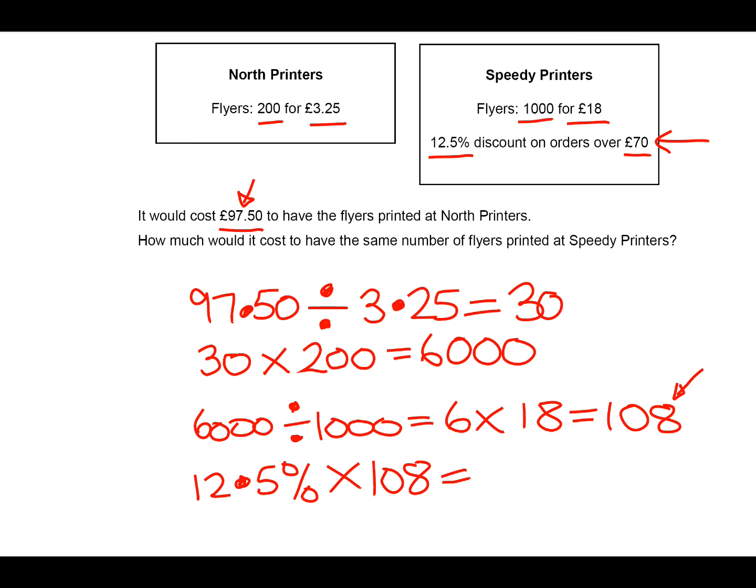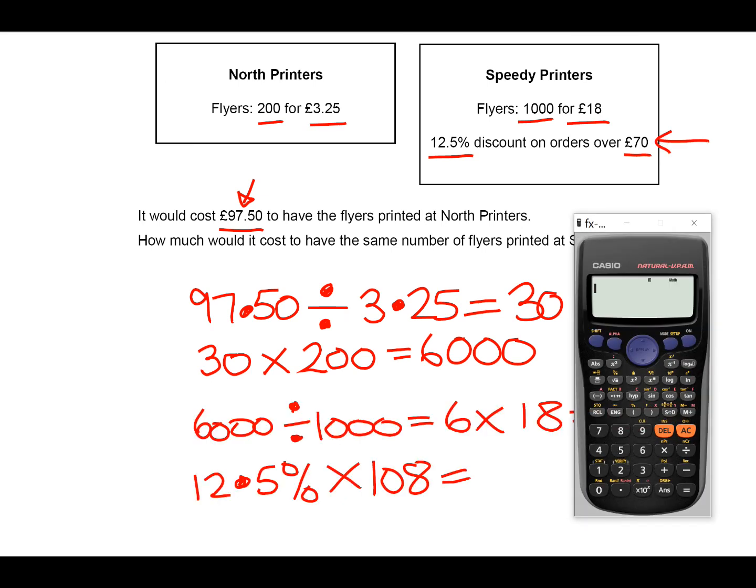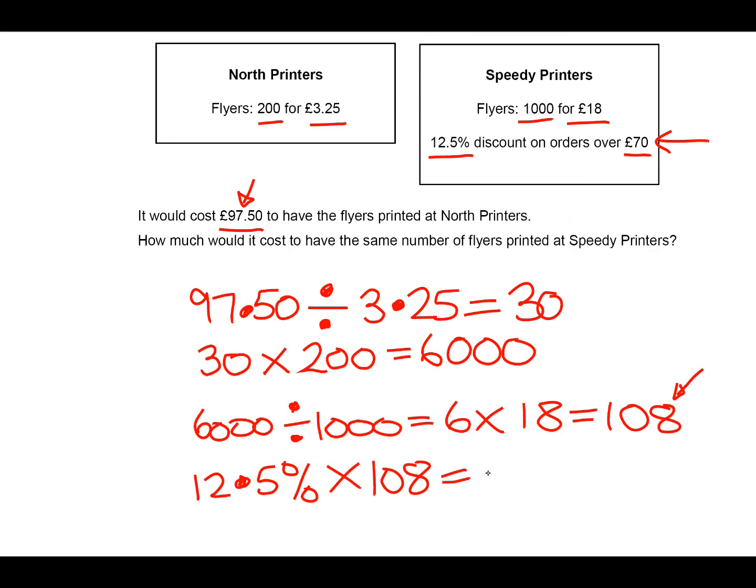Using the calculator, we have 12.5, then don't forget the shift and the left-hand bracket, percent of 108. Press equals and the SD button, and it's £13.50 or 13.5 on here. So the number on our calculator that we write down is 13.5.